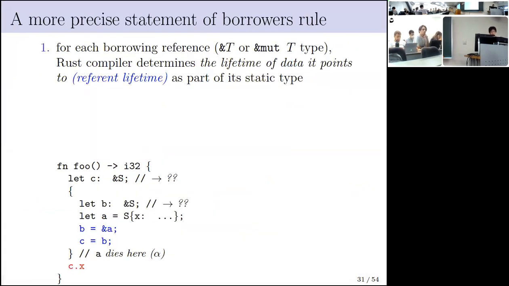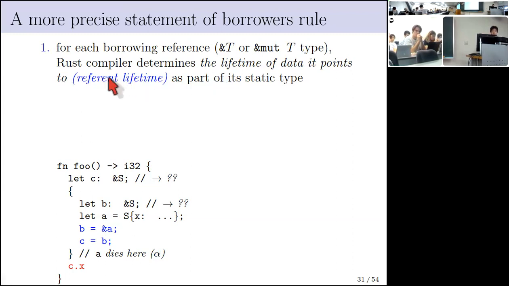So here's a somewhat more precise understanding of how this borrowing rule actually works. For each borrowing reference, shared or mutable type, the Rust compiler determines the lifetime of the data it points to. Let's call it the reference lifetime, because we're going to use this notion so many times.